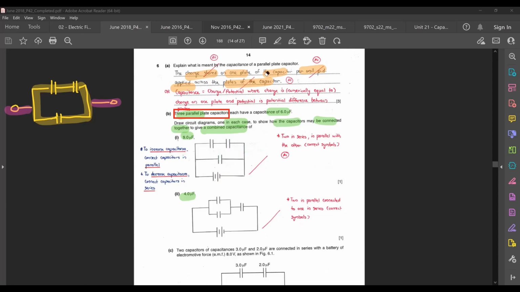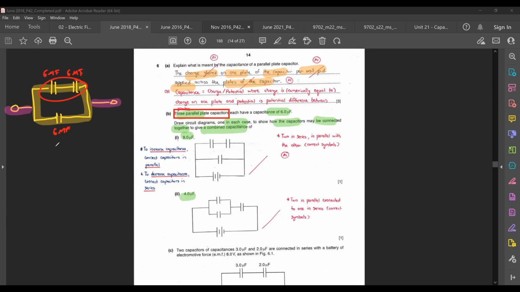So for this one, how do I know it's going to be 9 microfarad? You kind of need to simplify one by one. So say in my case, this one was 6 microfarads, and then this one was also 6 microfarad. I simplify the series connection first. This one I would need to add like I would resistances in parallel.